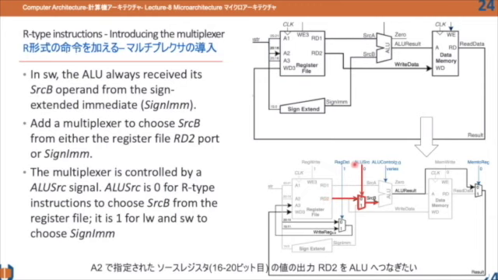Here is the ALU source control. If the control is set to 0, the source B of the arithmetic logic unit receives RD2. Otherwise, if the ALU source is set to 1, it receives the sign extended value, which is for the load word or store word instruction. The first thing is solved with a simple multiplexer.